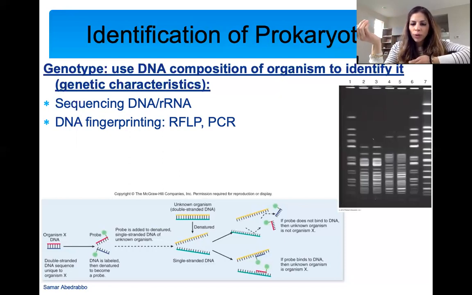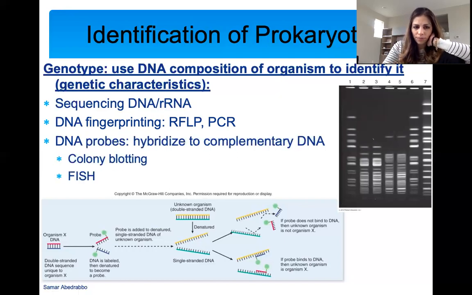So that can tell you what your specific organism is, because if you can amplify that gene in PCR, it means that the gene is present, which you can use to identify the organism. Restriction fragment length polymorphism is when you use restriction enzymes that cut DNA, and then you line up all the DNA fragments and you compare them to known DNA fragments from different organisms to decide what organism you have.